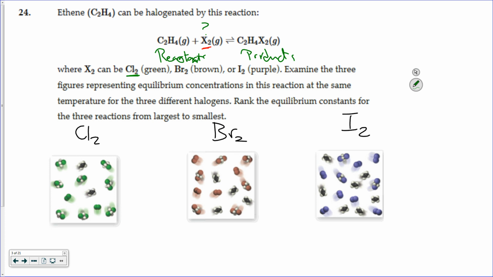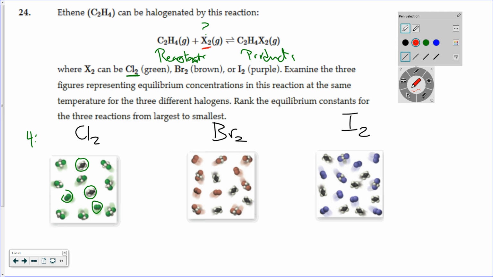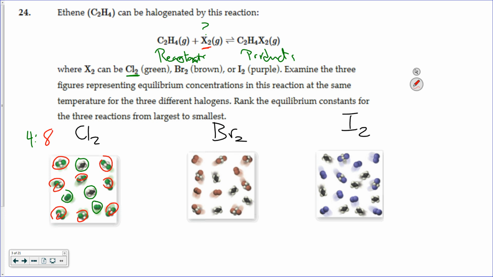So if we look at what the reactants are, I got 1, 2, 3, 4, and the others on the other side are the products. So it is 4 reactants. To count the moles of product I have, I've got 1, 2, 3, 4, 5, 6, 7, 8. It's 4 to 8 is the ratio of the two.